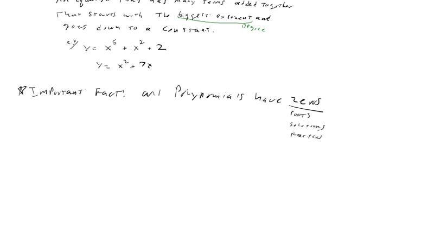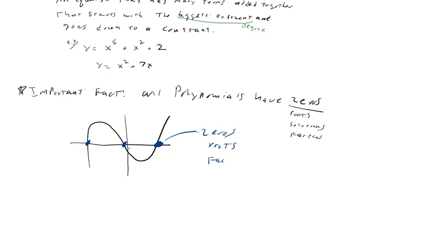But all polynomials have places where they touch the x-axis. These are what we call zeros. Zeros, roots, factors, solutions.